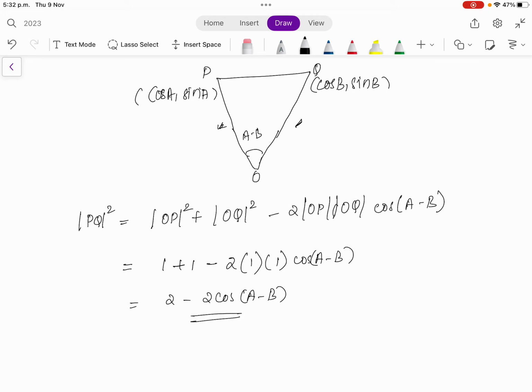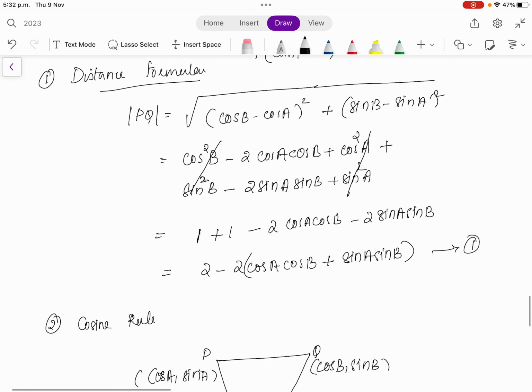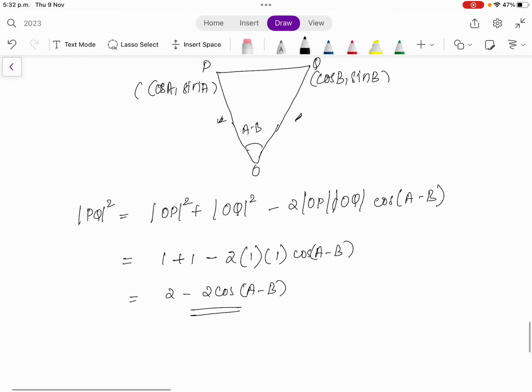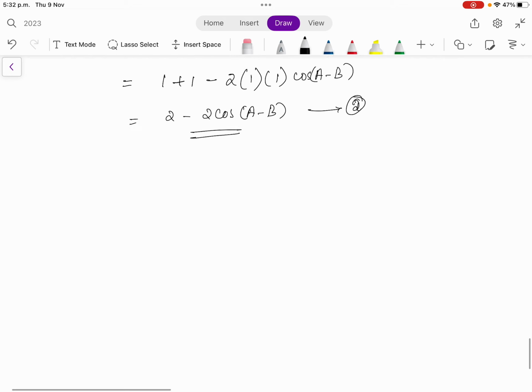Okay, so this is the value. Now I have this first equation, which is calculated from the distance formula. Second is the cosine rule formula, the length of PQ. Now I can equate both.